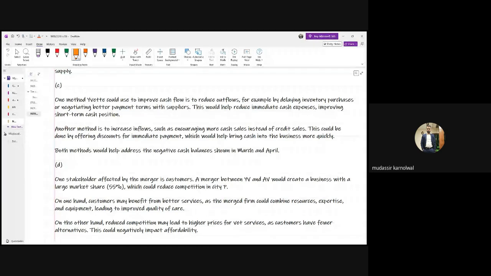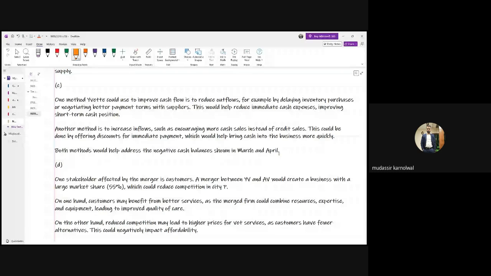Another method is to increase inflows, such as encouraging more cash sales instead of credit sales. This could be done by offering discounts for immediate payment, which would help bring cash into the business more quickly. Both methods would help address the negative cash balances shown in March and April.